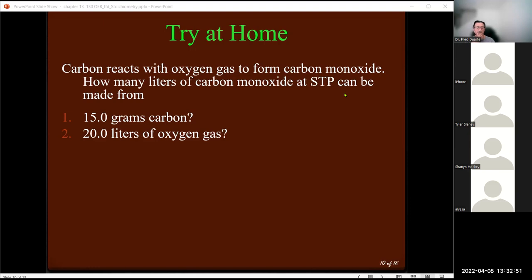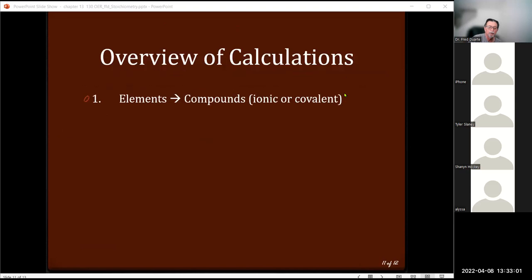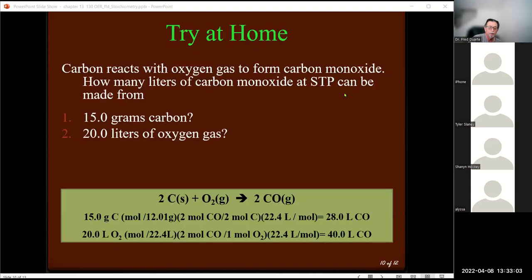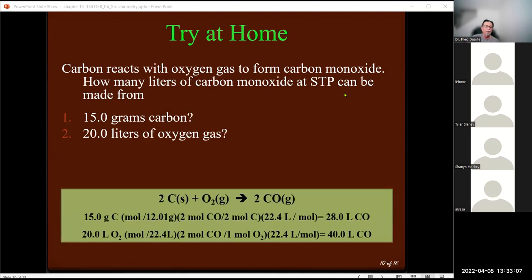So, the carbon reaction, in fact, we'll do this now. The question says carbon reacts with oxygen gas to form carbon monoxide.